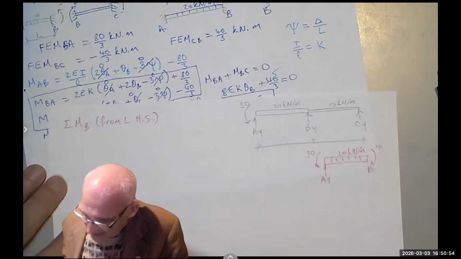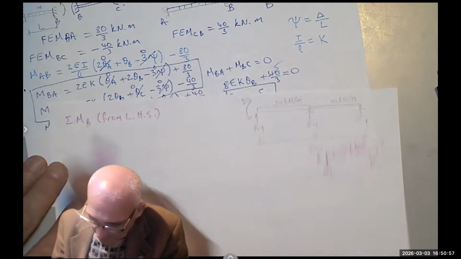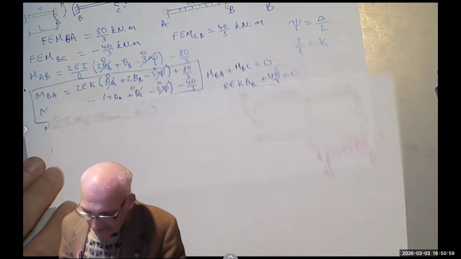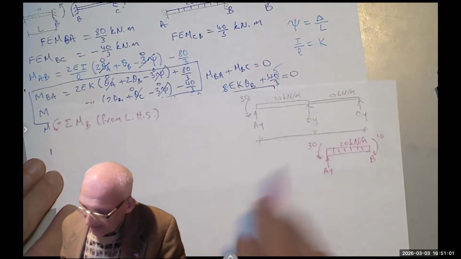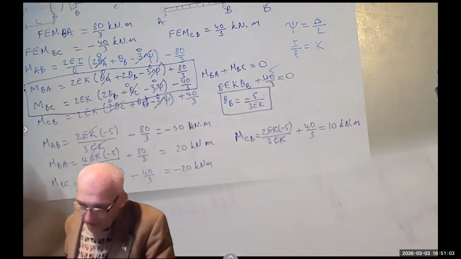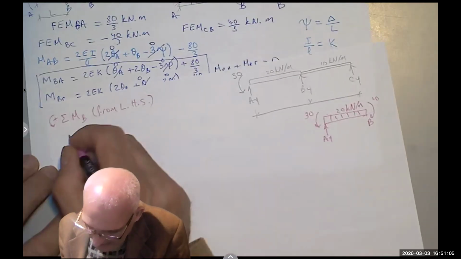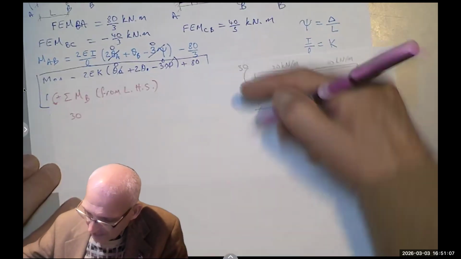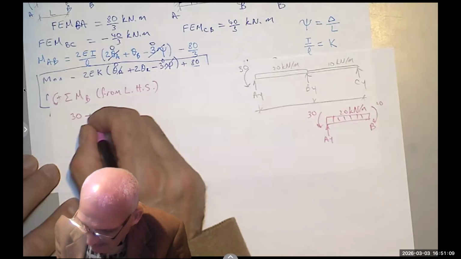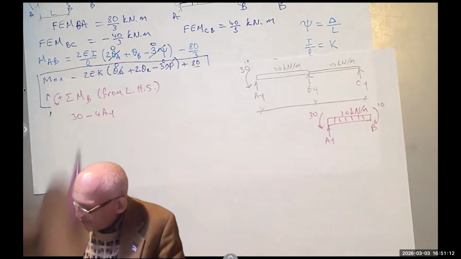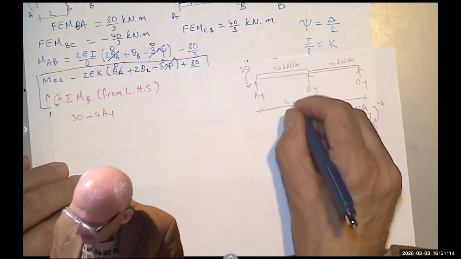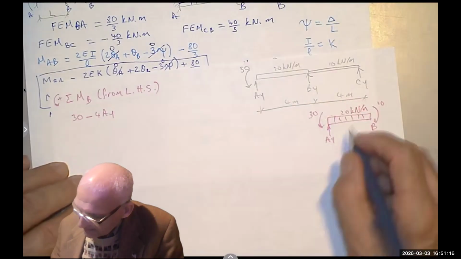So I'm going to write my equation. This moment counterclockwise is positive. That's why I will change the sign. Instead of being negative 30, I'm going to say 30. The AY is rotating clockwise, so minus 4 AY, since this is 4 meter and this is 4 meter.